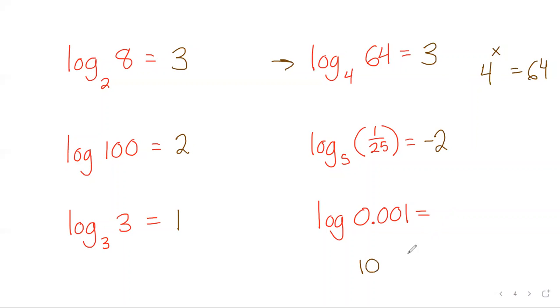So this is saying 10 to some unknown power equals 0.001. Probably easier to think of this as a fraction, or at least the way we would say this is 1/1000th. And so that means, okay, 1,000 is an exponent of 3, so 1/1000th is an exponent of -3. So that's just a little bit of practice with what log format is saying.